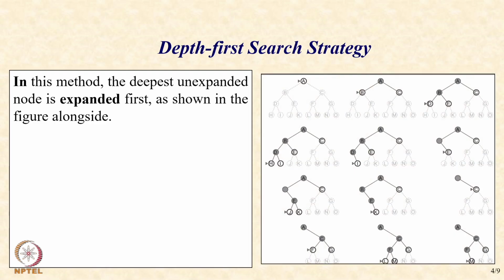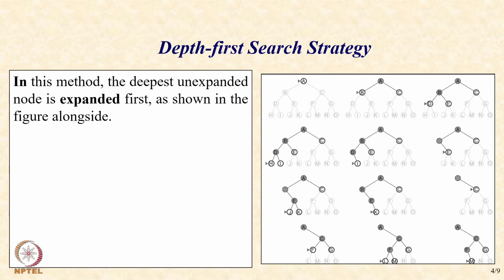Now, instead of stopping at D, E, F, G as in the previous breadth first example, we have one more level of H, I, J, K, L, M, N, O, and we start the same process. A is the only node at its level. So, you come to the next depth level, that is B and C. You expand B, but instead of going to C, which is what we had done in breadth first, you start expanding B further, which is D and E, and then you go down to D.